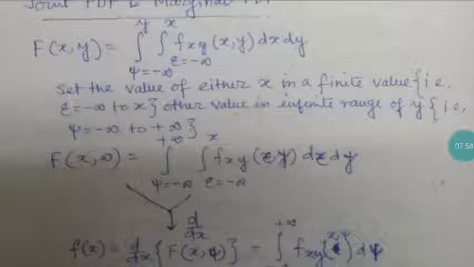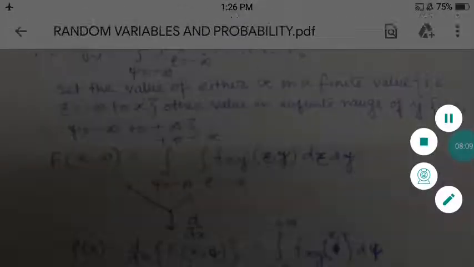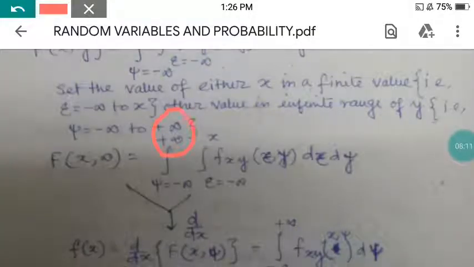So what is the value of F of x comma infinity? For the first integral, y we are just representing with plus infinity and psi equals minus infinity. The second remains unchanged. So what I mean here is we are just replacing y, and the second part is remaining unchanged.